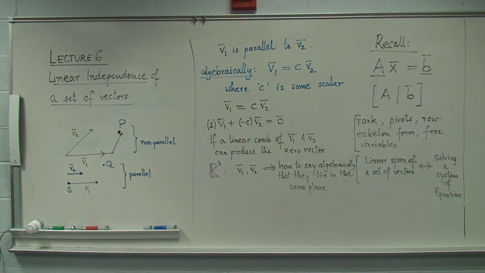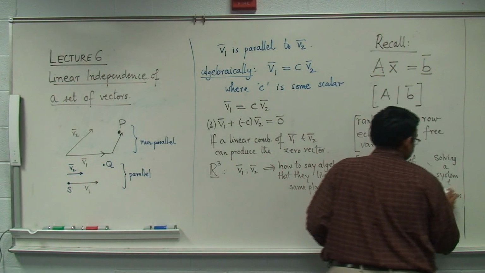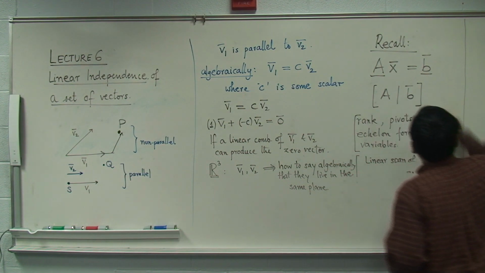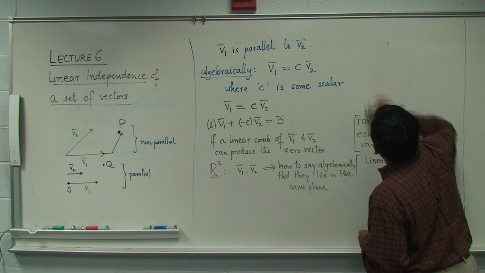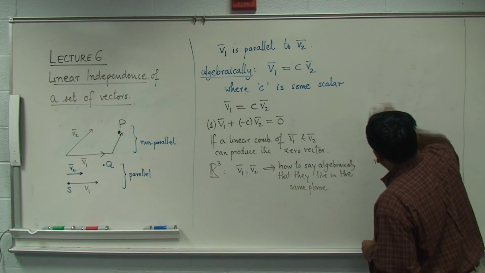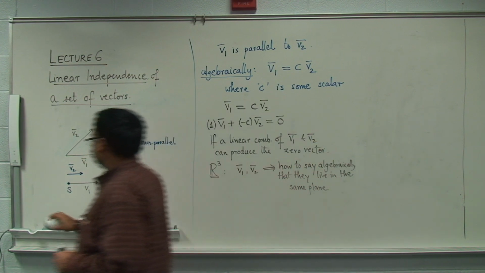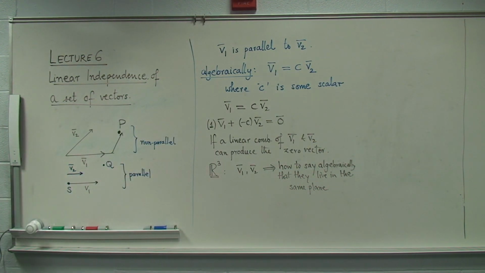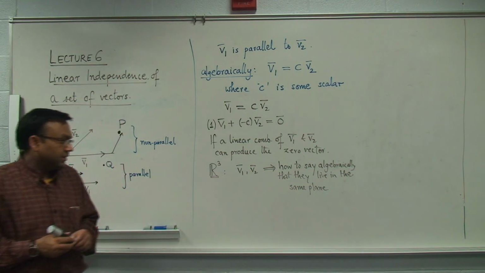Now, if we think about this question a little bit, it will help us understand something. So let's see what exactly we are after. When I say two vectors are given, when will they lie in the same plane algebraically?